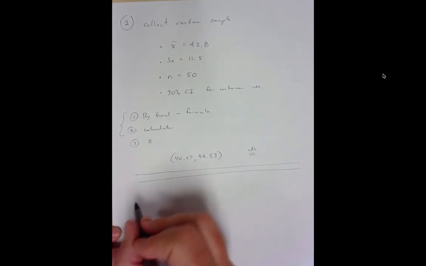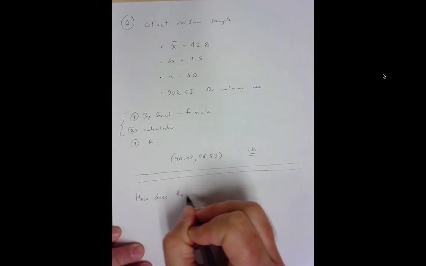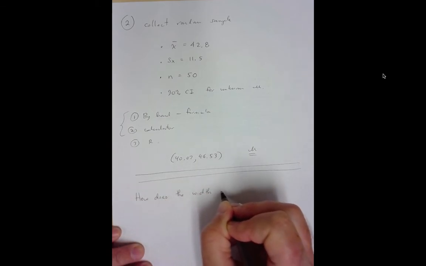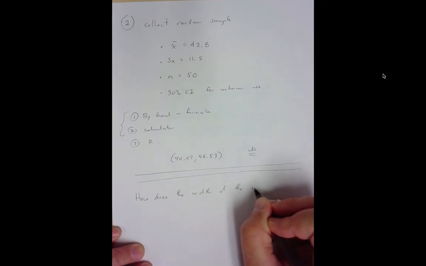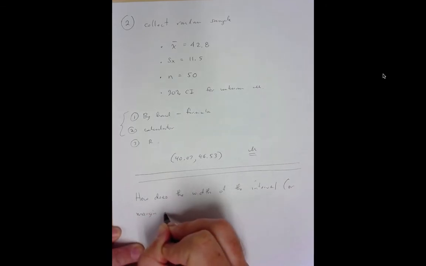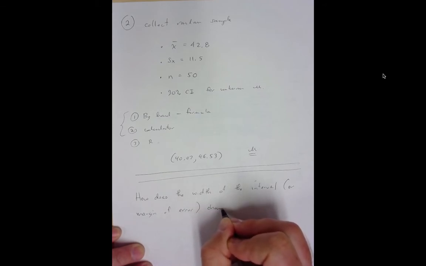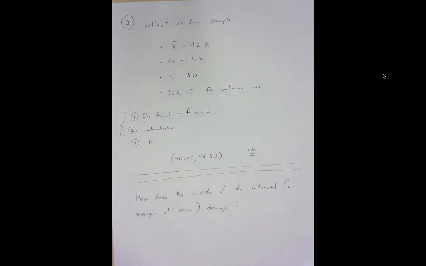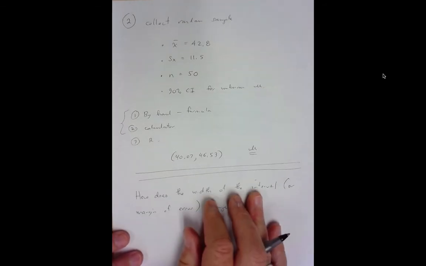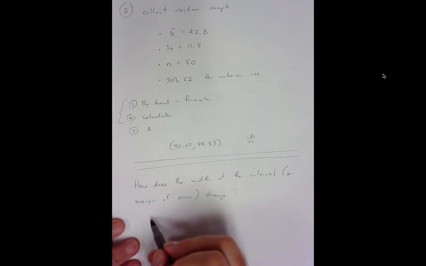Now, one additional item. How does the width of the interval, or the margin of error, change when we have a change in the following conditions?